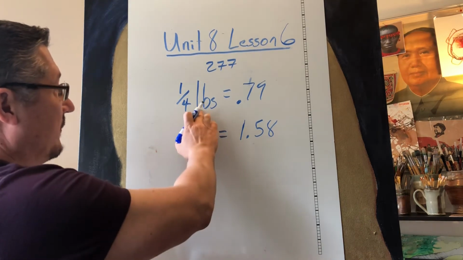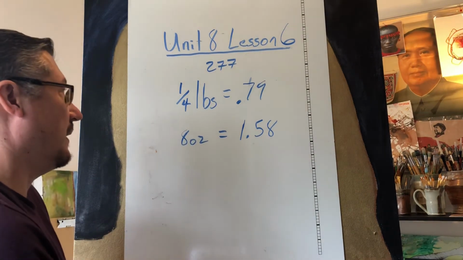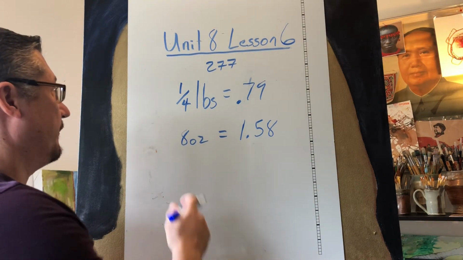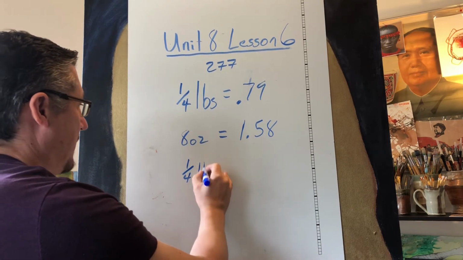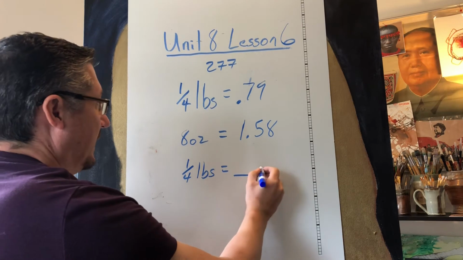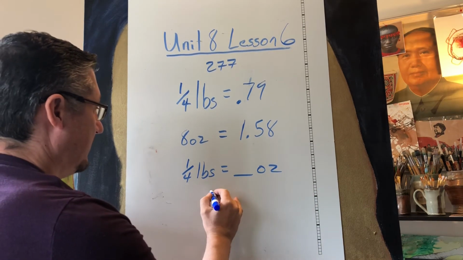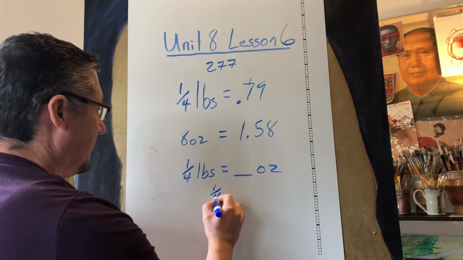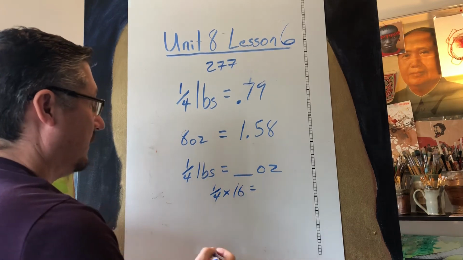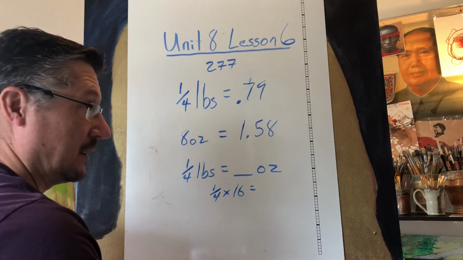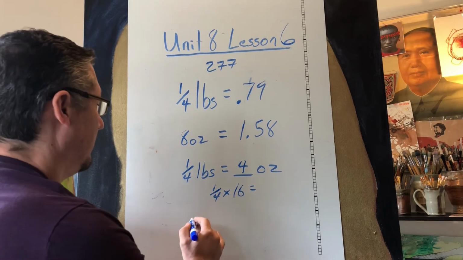I either have to go from pounds to ounces or ounces to pounds. Doesn't matter, I can do both. So if I'm going from 1/4 pound to blank ounces, well, it's 1/4 times 16, or 16 divided by 4, which is 4, so 4 ounces. Okay, and then I can go the other way.